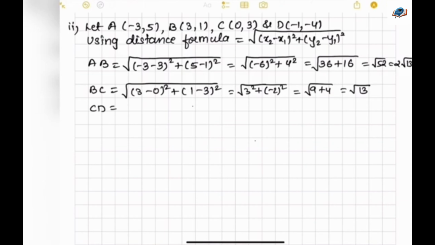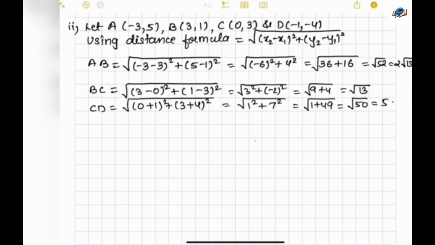Now CD equal to root of (0 minus of minus 1), so plus 1, plus (3 minus and minus 4), so this is coming as 1 square plus 7 square. So that will be 1 plus 49, that is root 50.